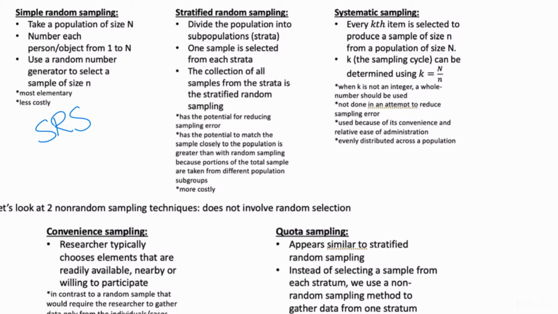Simple random sampling. Basically what you do is take a population of size n, you number each person or object from 1 to n, and you're going to use a random number generator to select a sample size of n. This is the most elementary type of random sampling, and it's also probably the least costly.